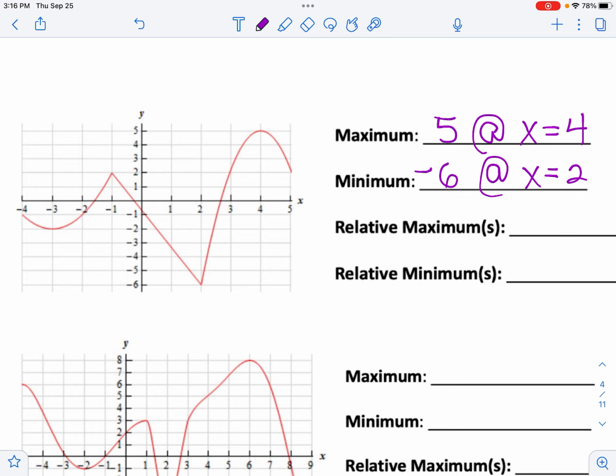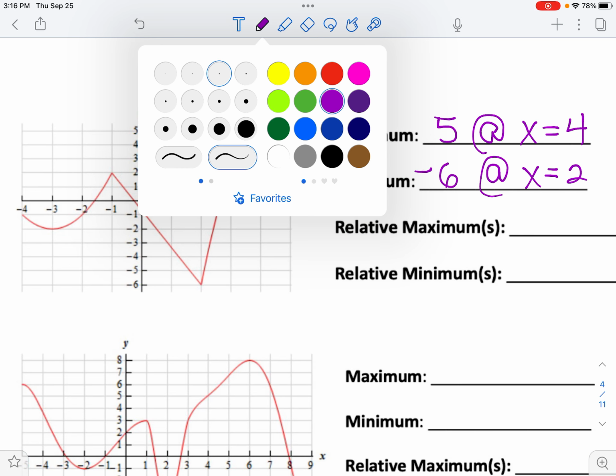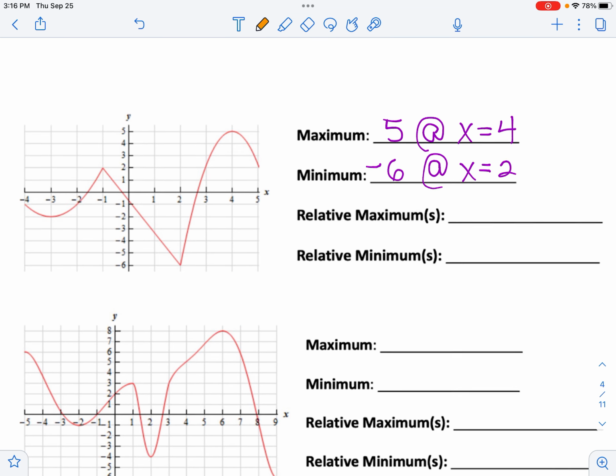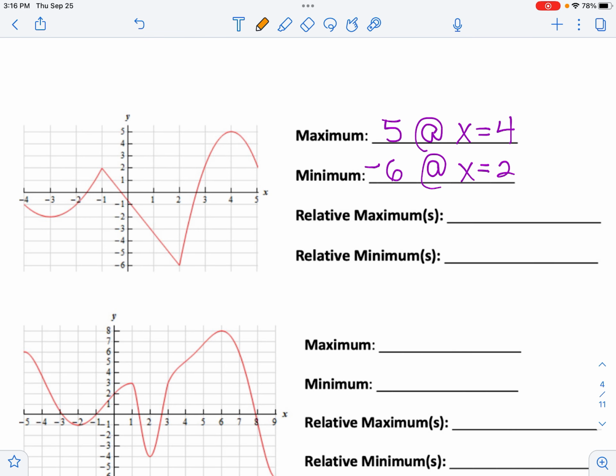Okay, and then relatives. Let's do relative. I don't know, let's try orange. Relative maximum, or there you could have multiple ones here. So we have a relative minimum, it looks like right here, at that point there. I only see that one.